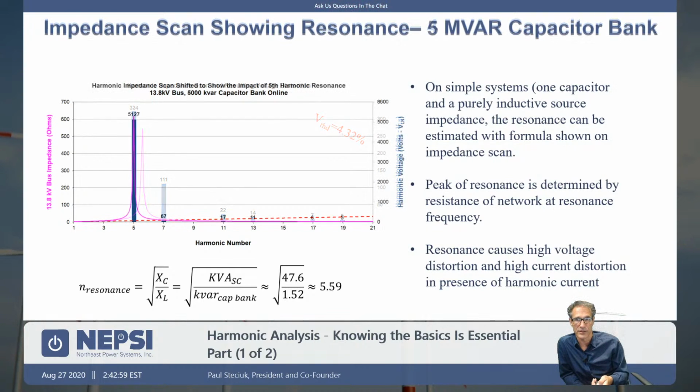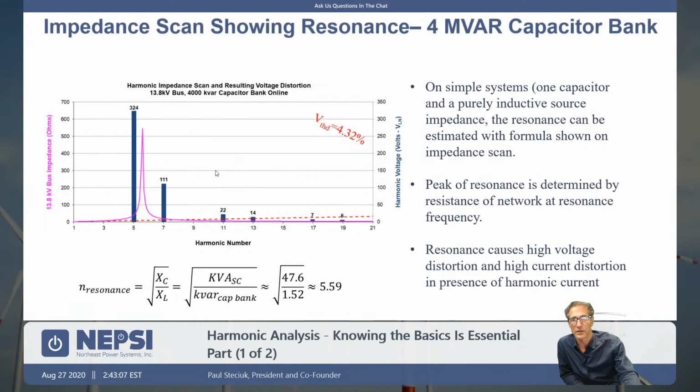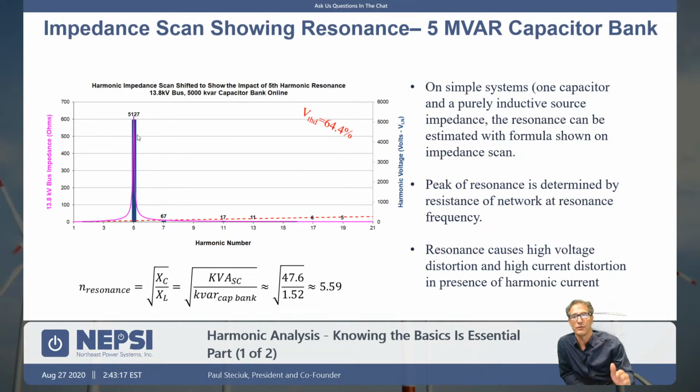You can think about shifting that impedance curve to the left. That's kind of what I just did. I shifted the impedance curve to the left, and kind of go back here. We have the original impedance curve here. The distortions are low, but just think about this. This is about 550 ohms. If I were to shift it to the left, I could have potentially 5,000 volts of voltage distortion now.